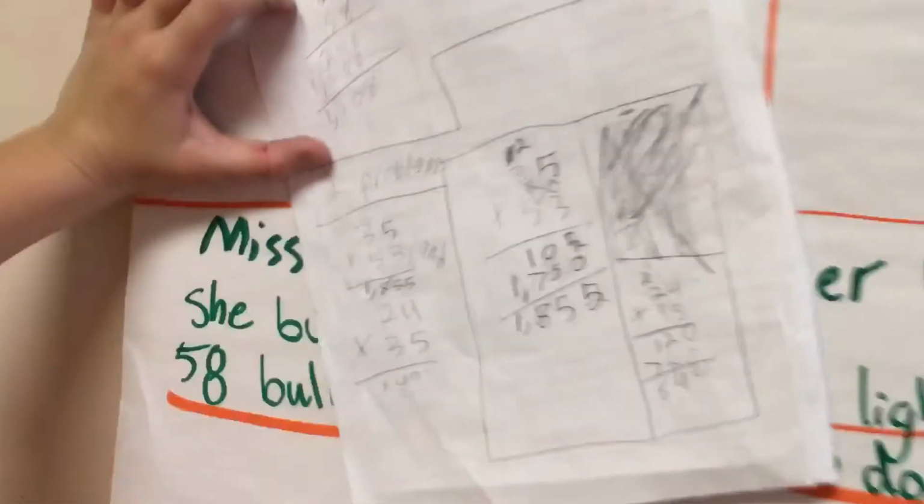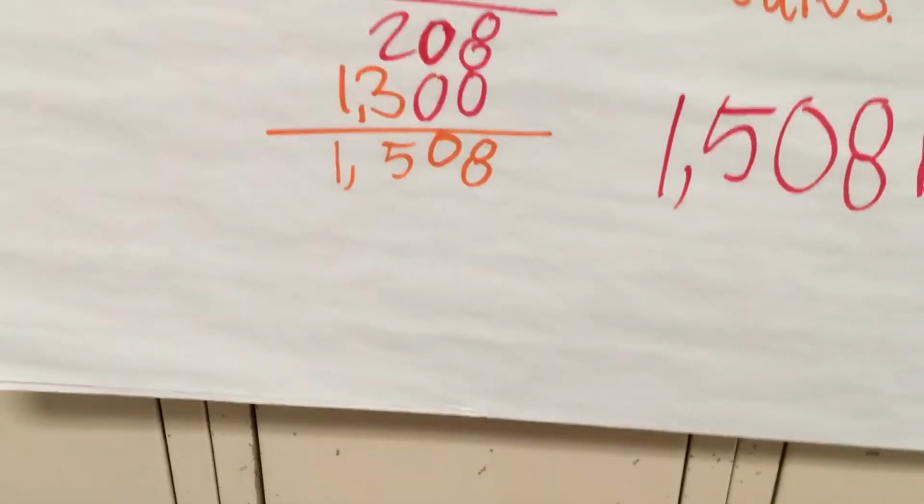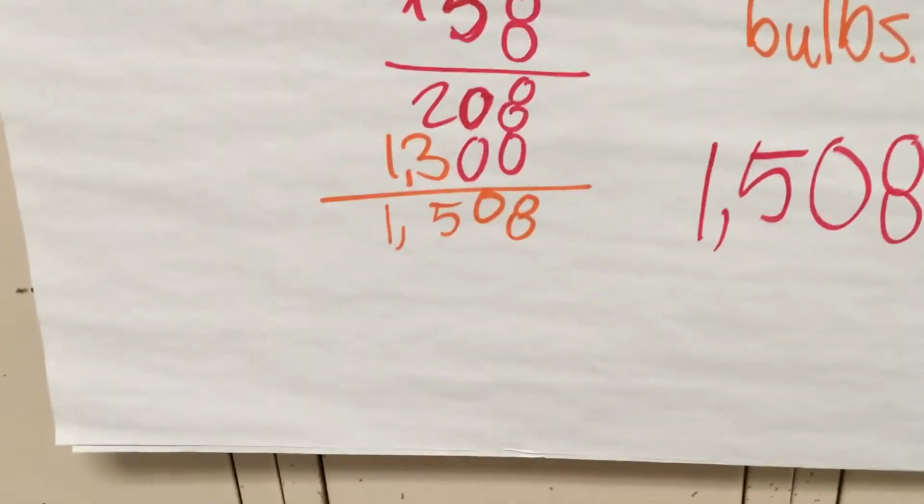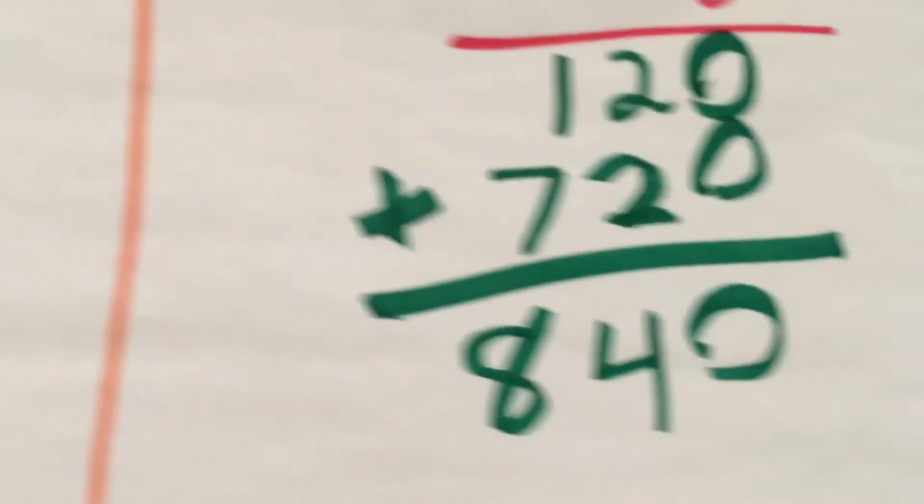So that's our proof. Now for this one, I also did that one. 1,508. Can I show them how we got it right? Okay. See, we got it right. 1,508. It's down there. Oh, I showed the wrong one. So we got this one right, got that one right, we got that one right.